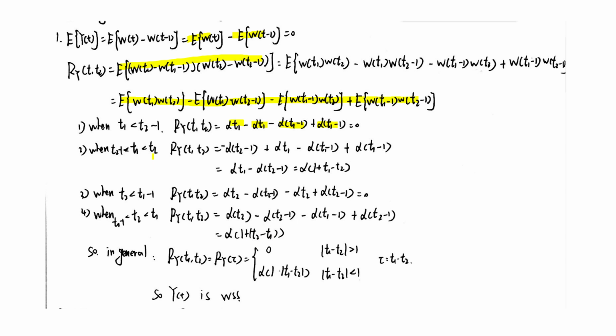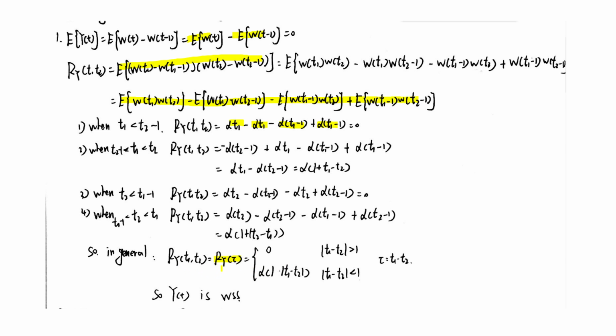And these four circumstances completely cover the whole range here. So in general, R_Y(t1, t2) is equal to R_Y(tau). When the absolute value of t1 minus t2 is greater than 1, R_Y(tau) is equal to 0.